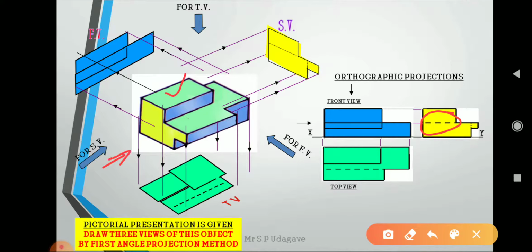In the side view we cannot observe this portion, so we can draw it with a dotted line. Also, the thickness, the edge of this portion, we cannot observe, so this is also represented in the side view. Also, with dimensions, we can draw the dotted lines at the exact position.